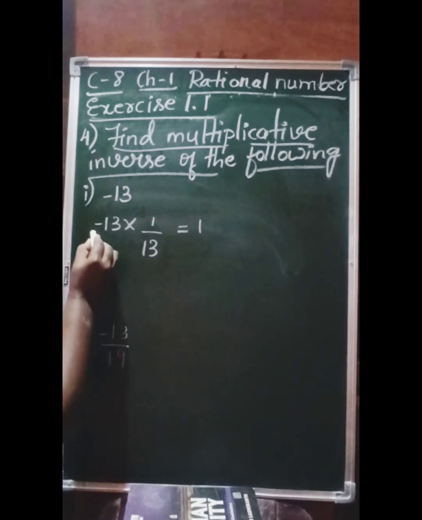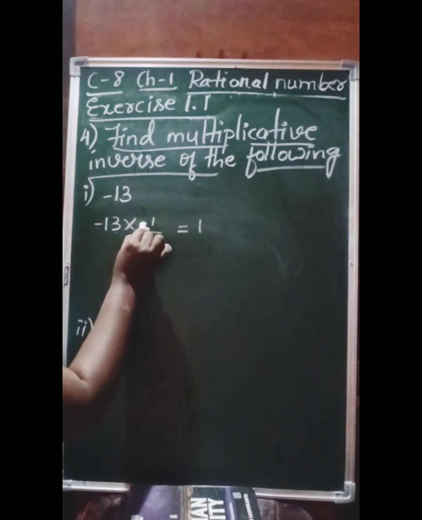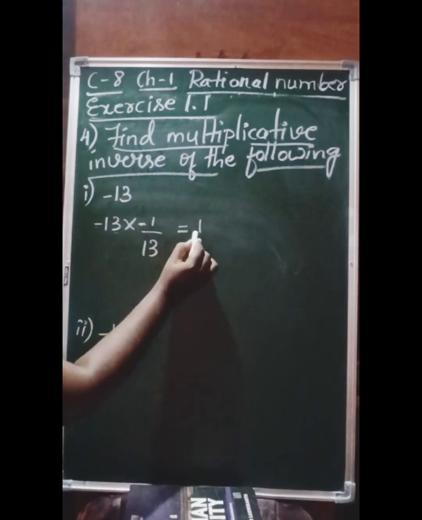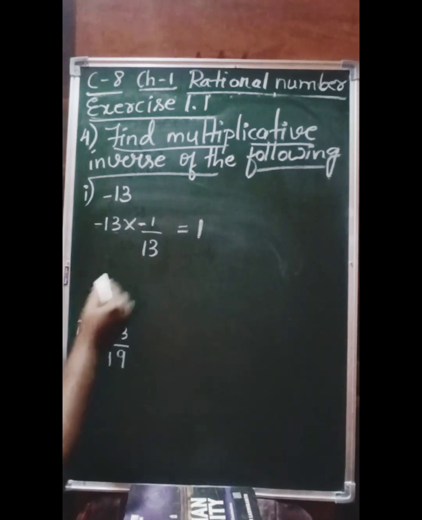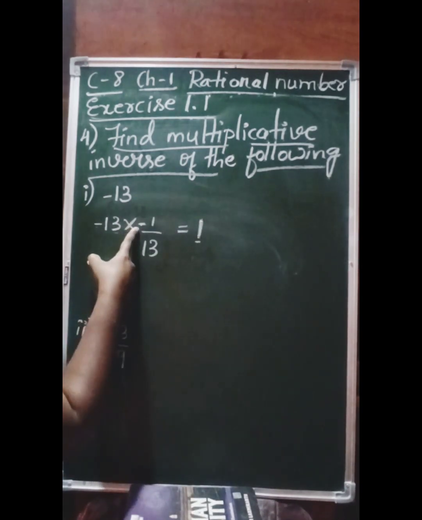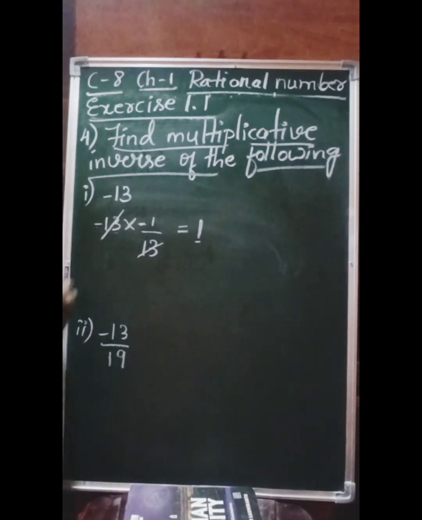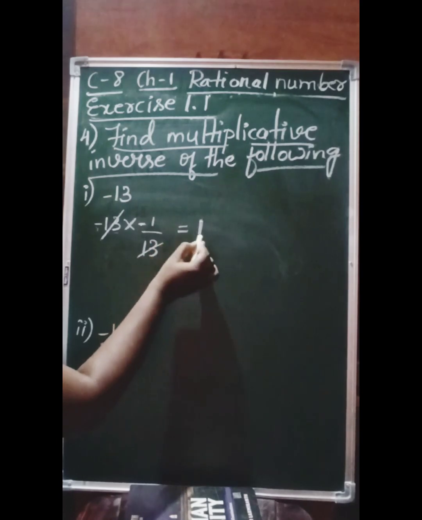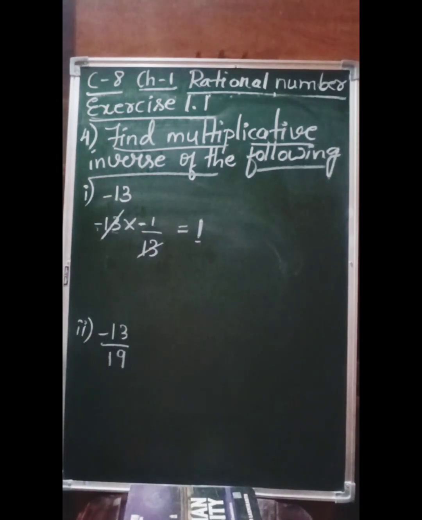Again, we need to be careful: they gave the term with the negative sign, so here also we have to consider negative, because minus into minus is plus. The product should be plus 1, so to get plus 1 you have to consider minus 1 by 13. See, 13 gets cancelled, minus into minus plus, 1 into 1 is 1, right? This is how you need to consider the multiplicative inverse.